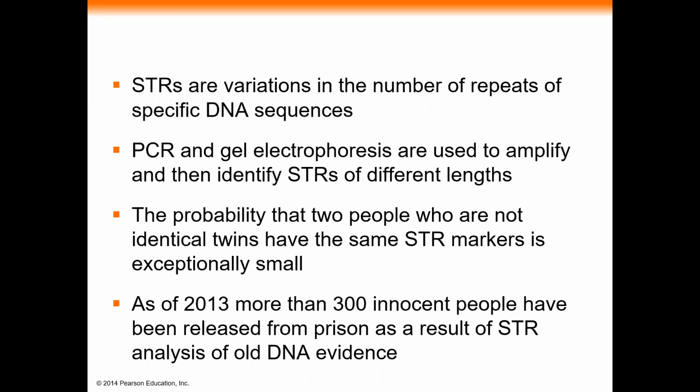And you can use things like PCR and gel electrophoresis to amplify those STRs and identify them, whatever length they may be. Oh, and it says it here, the probability that two people who are not identical twins have the same STR markers is very, very, very small.